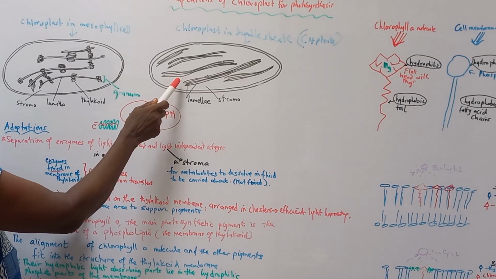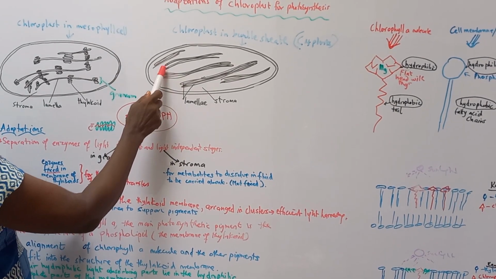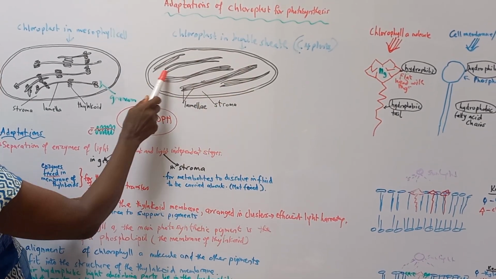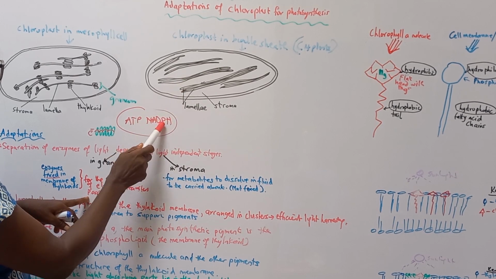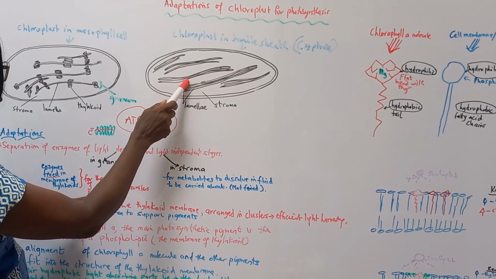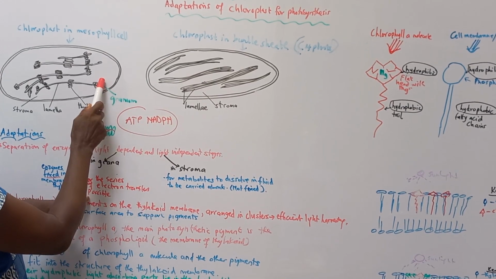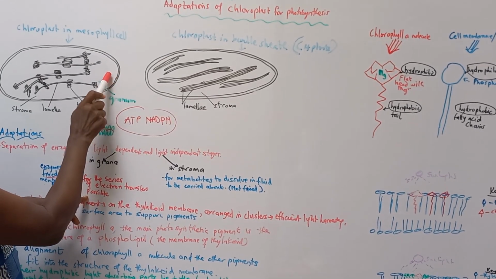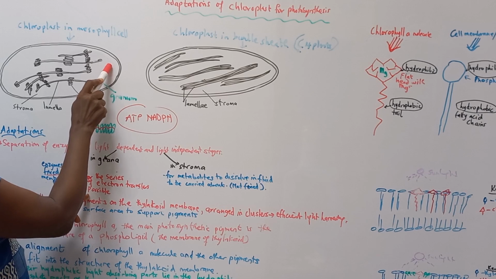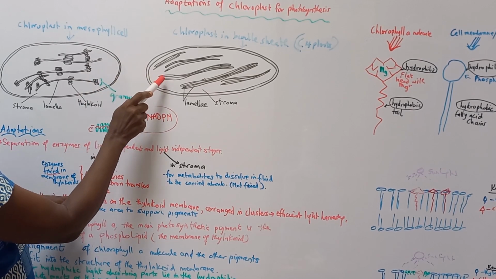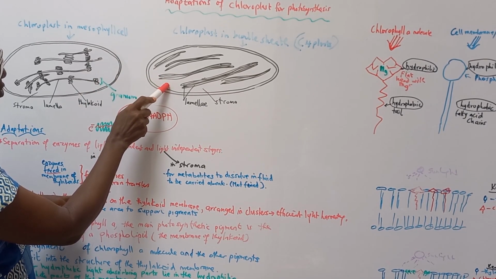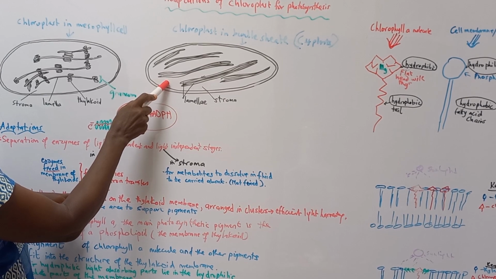Now, in C4 plants, this is an adaptation where ATP and NADPH are not formed in the chloroplast of the bundle sheath. The ATP and NADPH are formed in the chloroplast of the mesophylls, and substances that are formed move into this chloroplast. We'll talk about it when we talk about C4 plants.